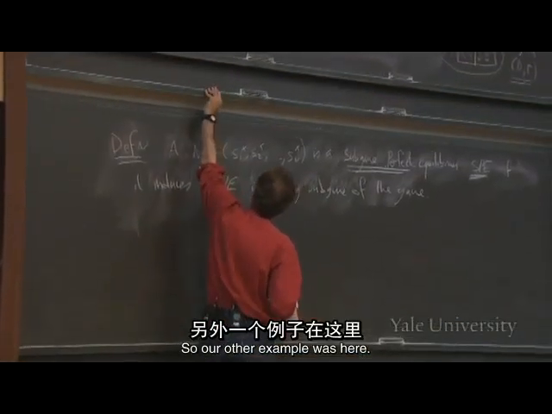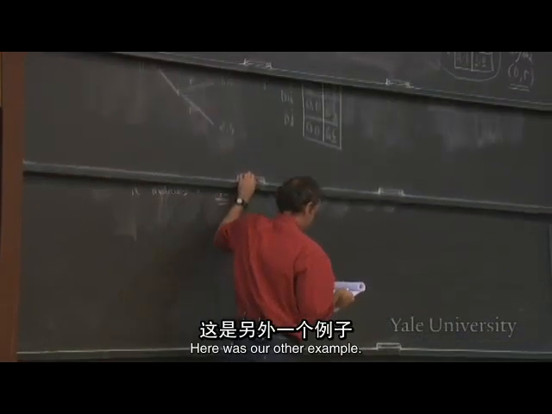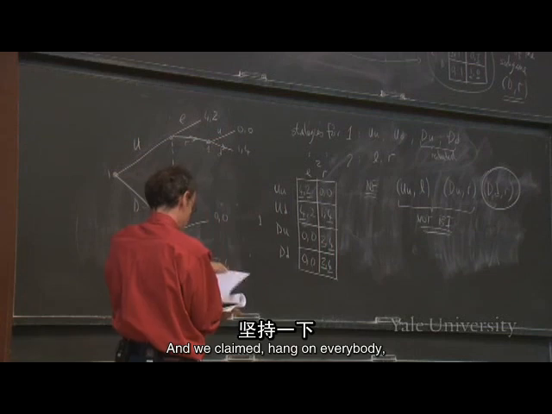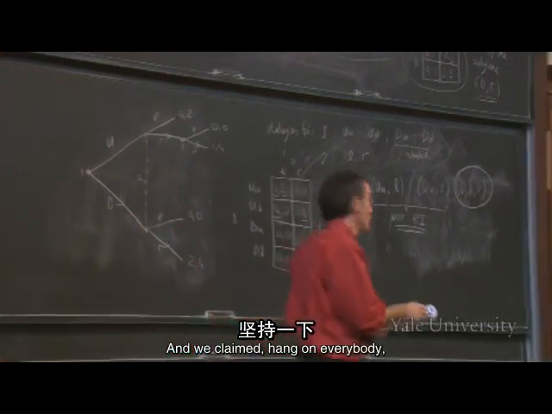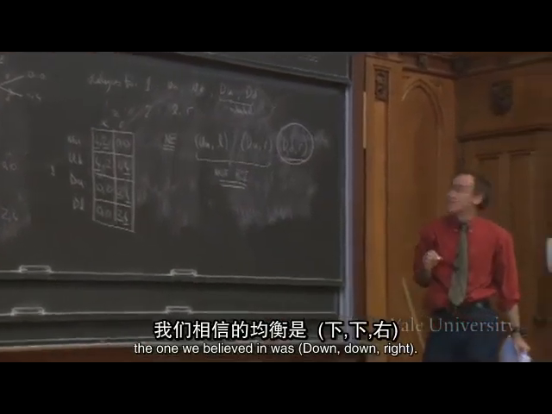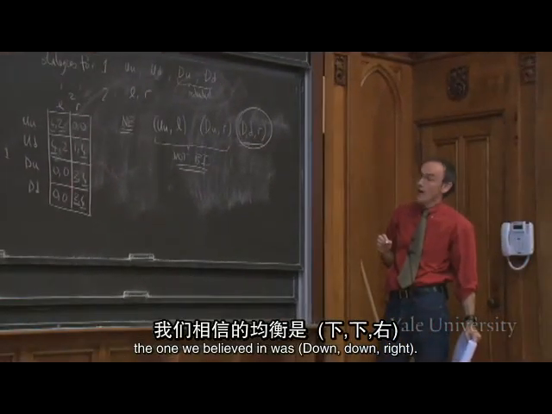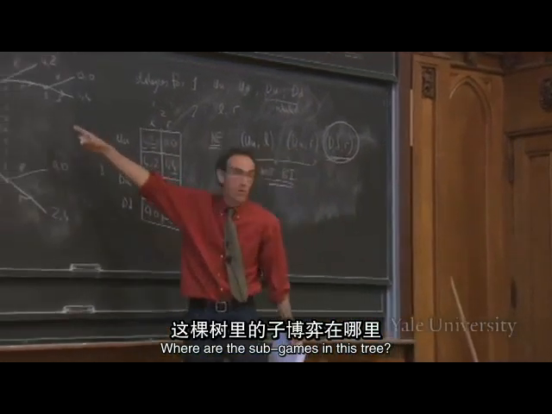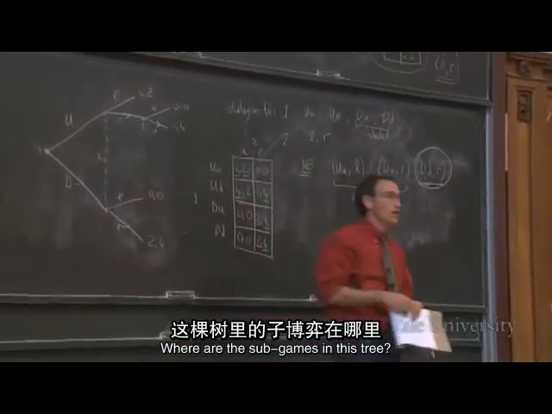So our other example was here. And we claimed that the good equilibrium here, the one we believed in, was down, down, right. Where are the subgames in this game? Where are the subgames in this tree?